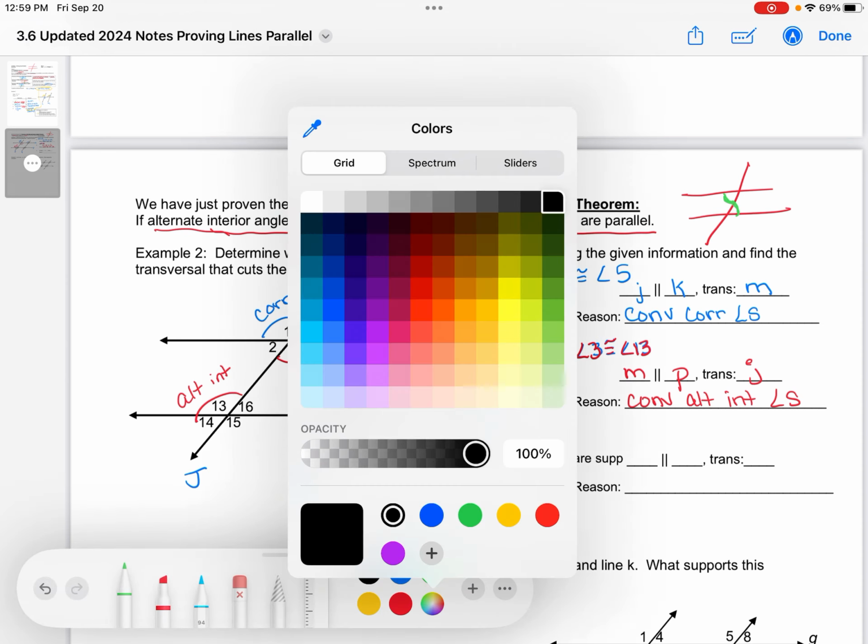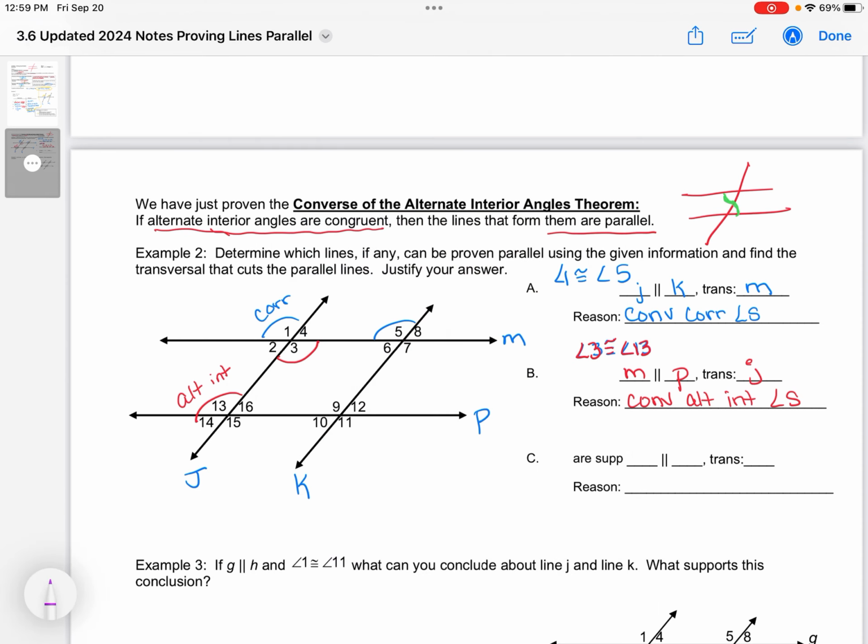Okay, then the next one is angles 16 and 9. Oh, angle 16 and angle 9 are supplementary. So where's 16 and 9? Those are same side interior.